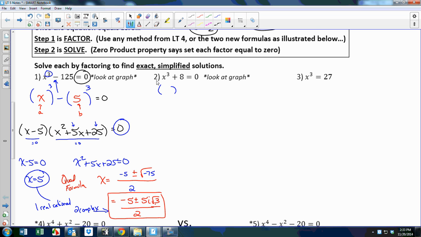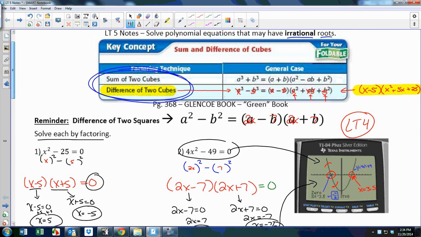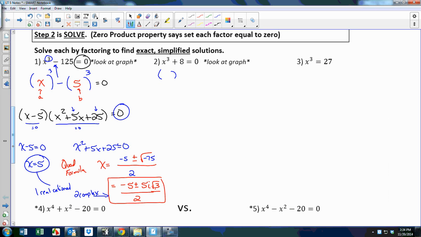Does it have a GCF? No. So then I begin. There's two terms. I begin to try to use the sum of 2 cubes formula. So I need to know, what am I cubing to make an x cubed, and what am I cubing to make an 8? And that would be x and 2.